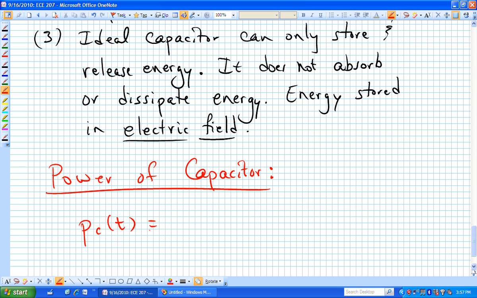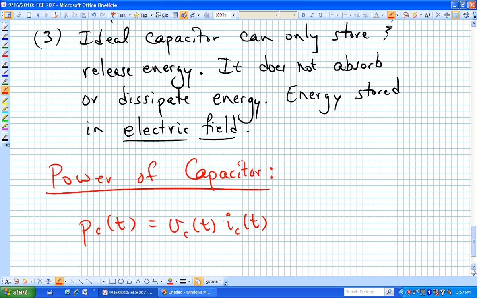What product of terms create power? I squared R, well, that's IV or VI, right? Voltage times current is still valid for defining power, but it has to be associated with that particular element. In this case, it's the capacitor voltage times the capacitor current.